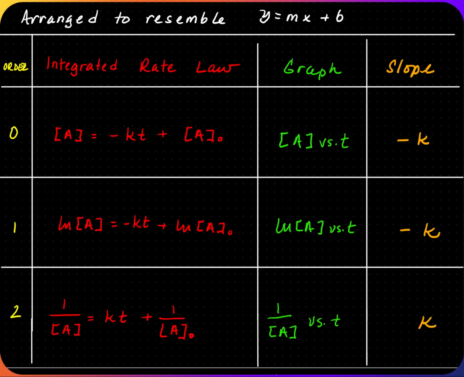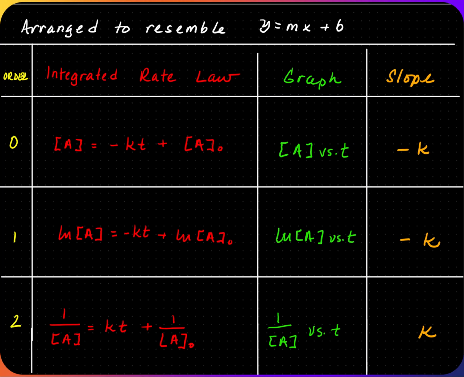When I was going over zero, first, and second order, I wrote all the equations to resemble the equation of a line, which is y equals mx plus b. So for zero order, the integrated rate law was the concentration of A at some time t is equal to negative kt plus the initial concentration.